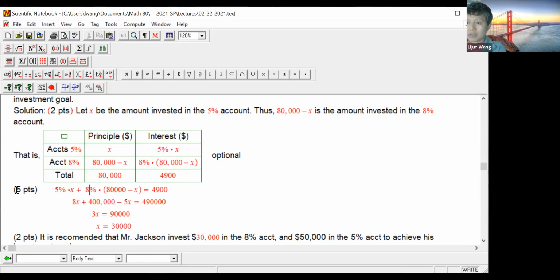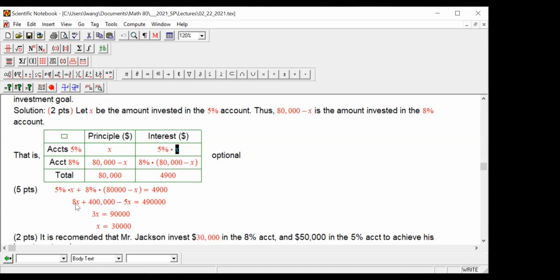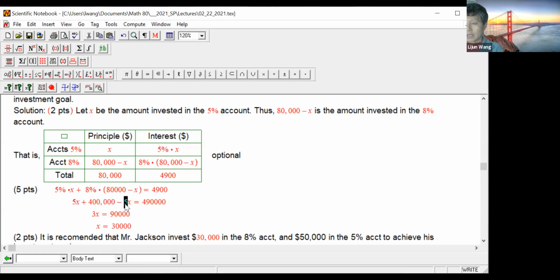So the equation should look like this. The percentage has to go with the principal that corresponds to it. Do you guys understand what I meant? So this is 5, and this is 8.